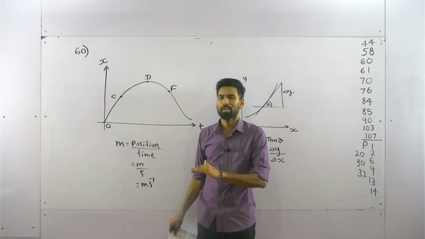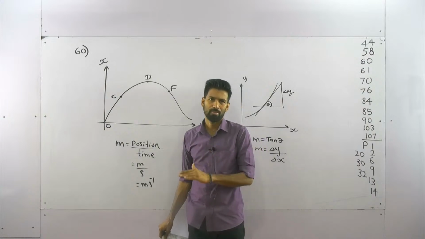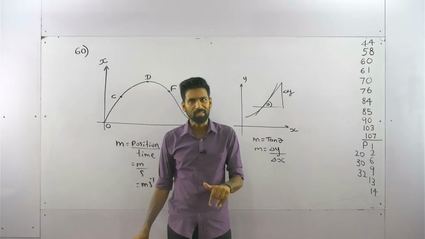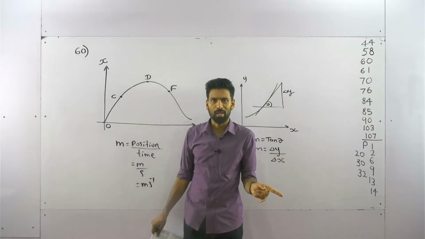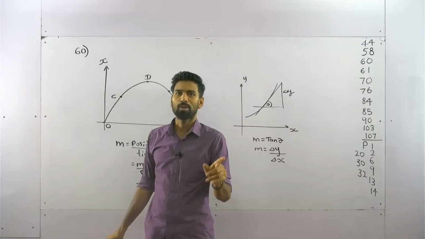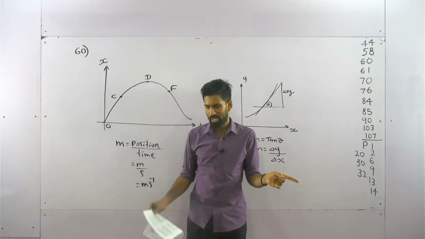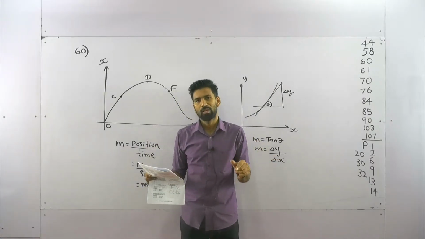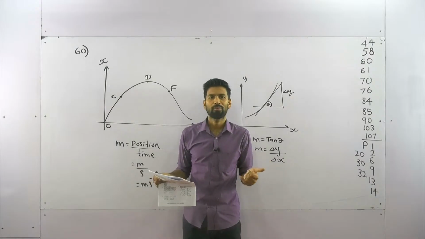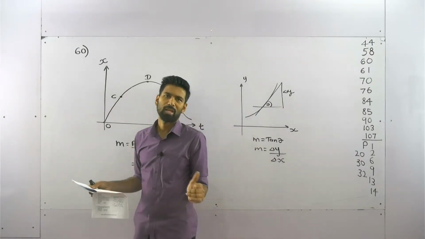But here they ask you about the velocity. That hints this was a displacement time graph, because velocity is only provided through a displacement time graph. So as they are asking the velocity, this position time graph definitely is a displacement time graph.